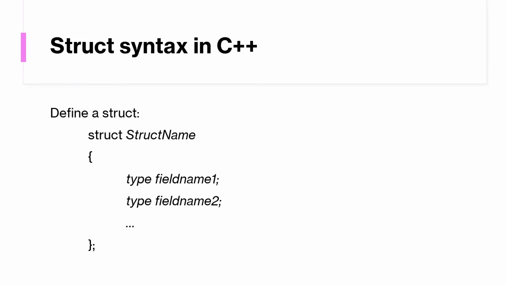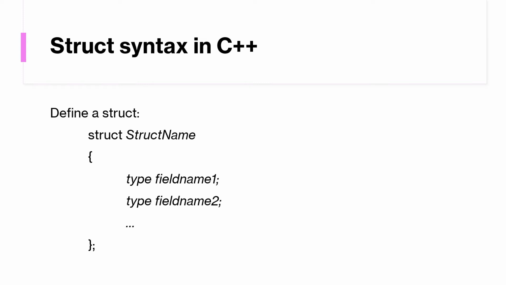So how do you define a struct in C++? Well, first you use the struct keyword. That's a reserved word in C++. Then you give your struct a name. Now, it is convention in C++, you're not required to do this, but this is what everybody does, that we start our struct name with a capital letter, and then each new word in the name of the struct gets another capital letter.